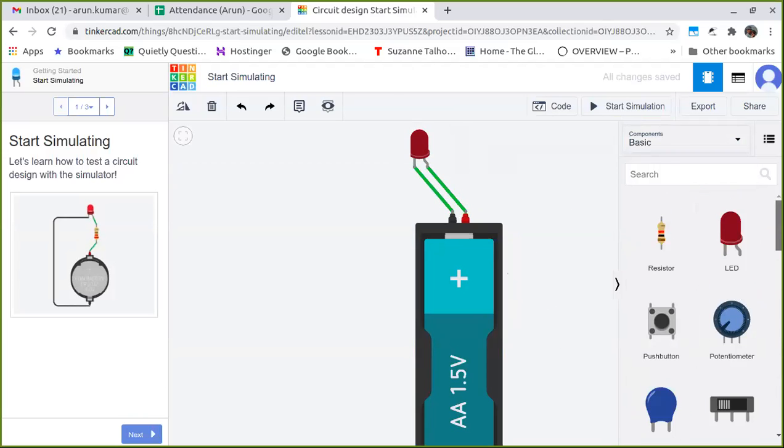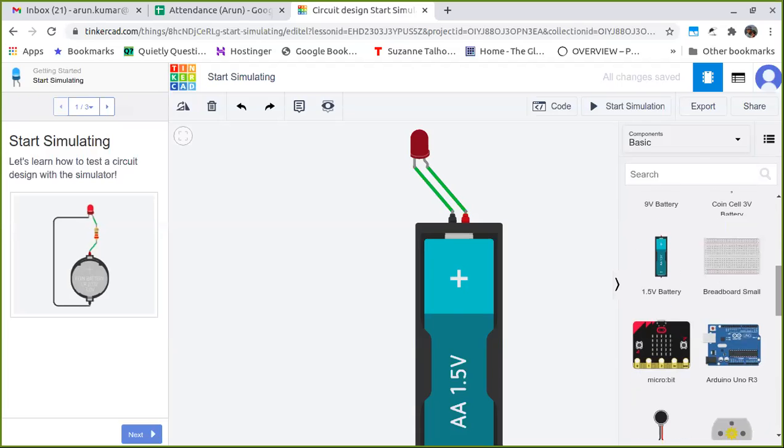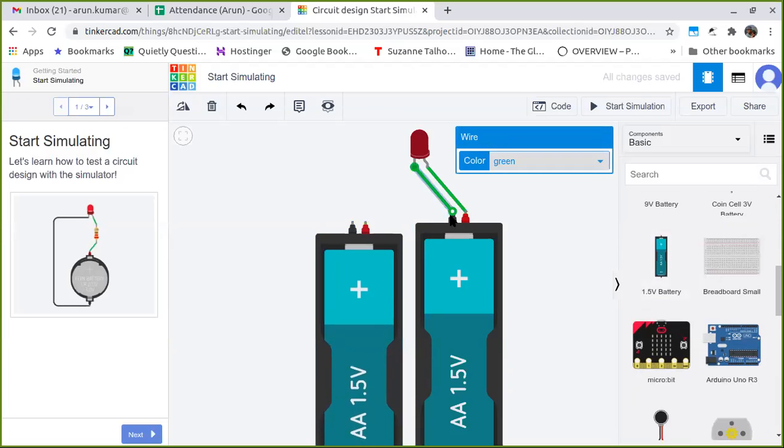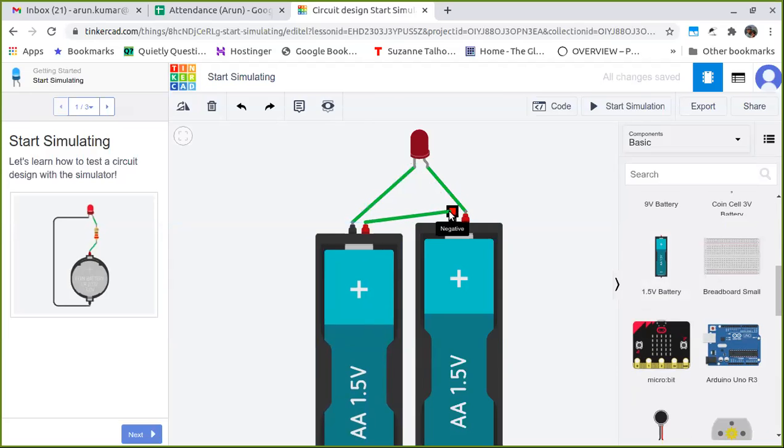So then I figured that I can put two 1.5 volt batteries. In this case, I'll remove this connection. I'll join these two and join this to this. Now if I start the simulation, that's what happened. The LED blew out.